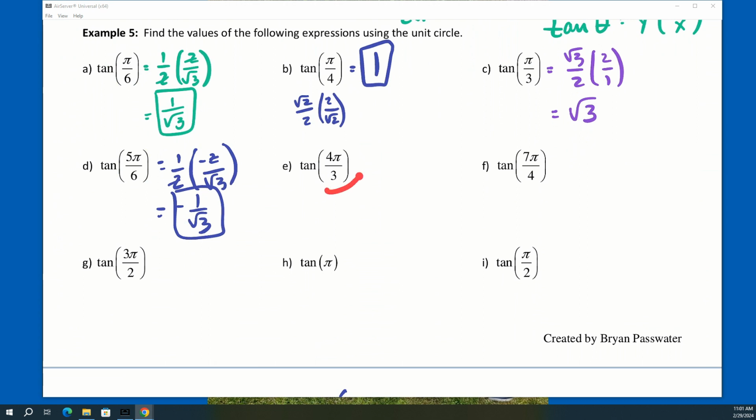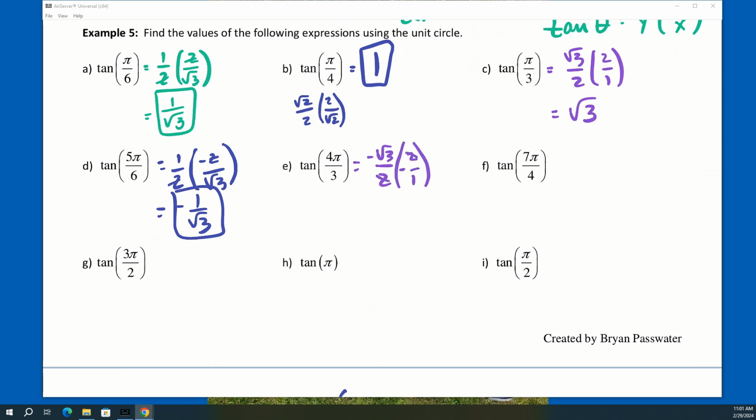What do you guys think about the tangent of 4 pi over 3? If I'm looking at these 3 options, which one do you think is going to match the most? The other pi over 3. It could be positive, it could be negative. Let's figure it out. So it's going to be some kind of square root of 3. And so when I do 4 pi over 3, it's going to be negative square root of 3 over 2 times negative 2 over 1.